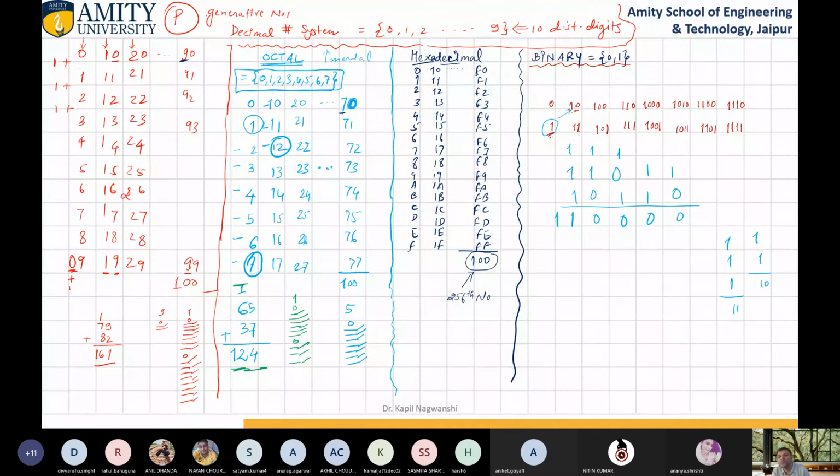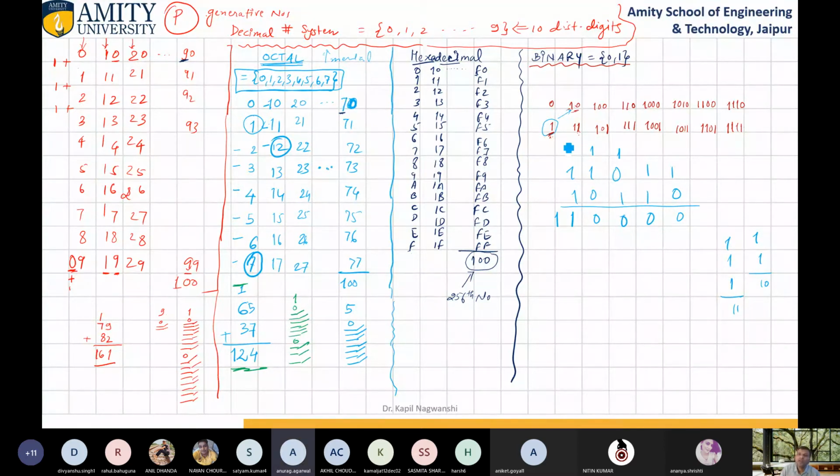Any doubt now? No sir. So 1 plus 0 is 1. It means you are not moving ahead. 1 plus 0 means you are not moving ahead. 1 plus 1 means moving ahead by 1. And 1 plus 1 plus 1 means moving ahead by 2. Only this.